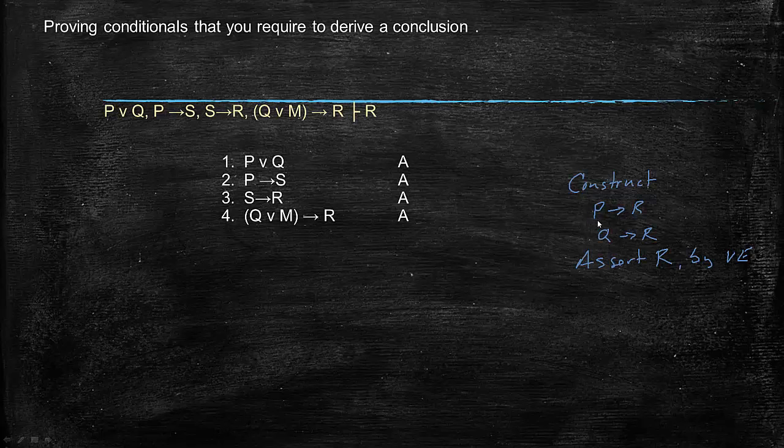So let's see if we can do that. Well, how can we construct if P then R? How could we do that? Well, the way to do that is to hypothesize P. All right? And see now if we can get R. Because if we can get R, we can assert if P then R. So by hypothesizing P, now if you look at the premises, you can see that you can have S by 2,5 conditional elimination, and you can have subsequently R by 3,6 conditional elimination.